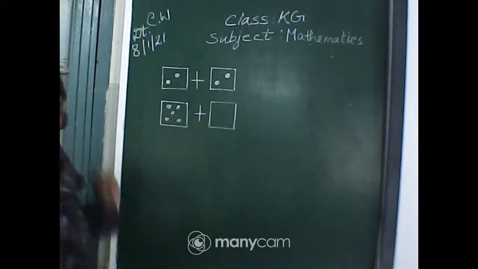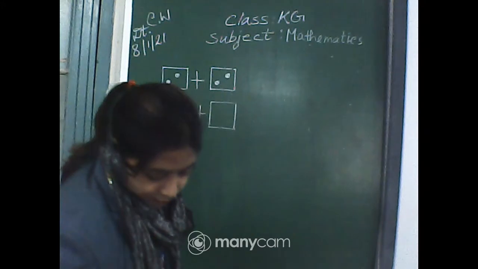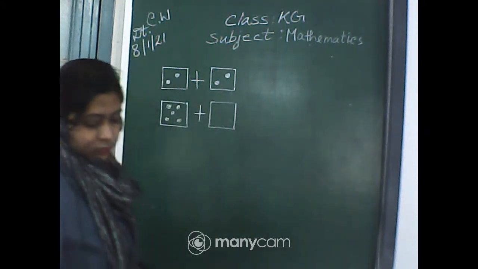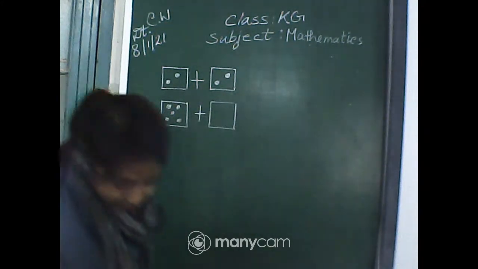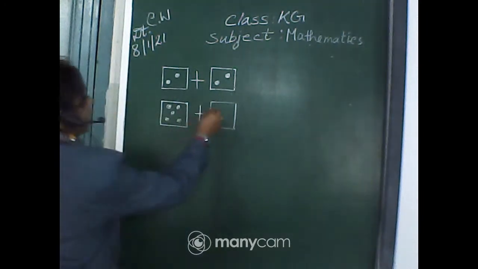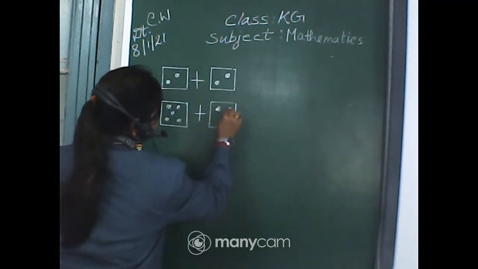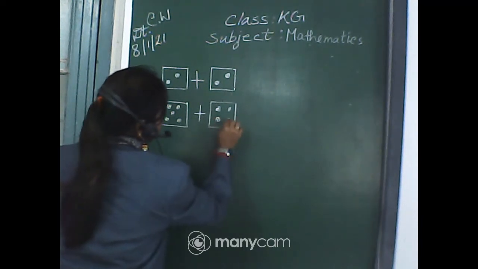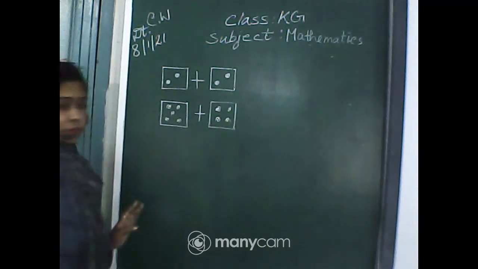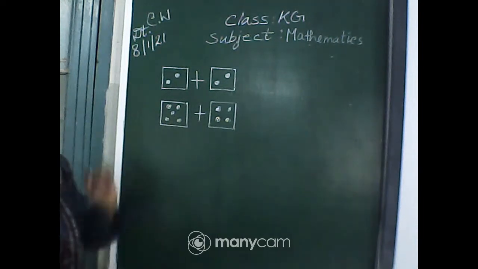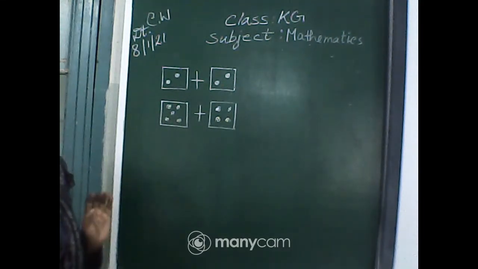And the next box, one, two, three, four. 4 dots. Completed.